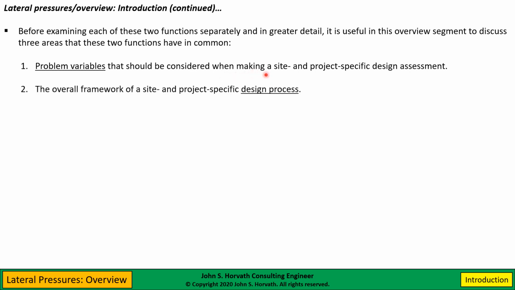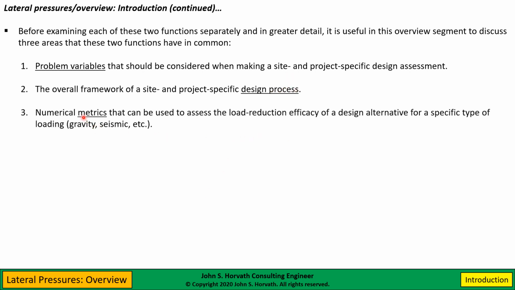I want to talk about an overall framework of a site and project specific design process. And I want to talk about the different numerical metrics we can use to assess the load reduction efficacy of a design alternative. I mean, we'd like to be able to quantify, okay, if we use geofoam in some fashion under gravity or seismic loading, what benefit are we going to get from that? We'd like to be able to quantify that benefit.